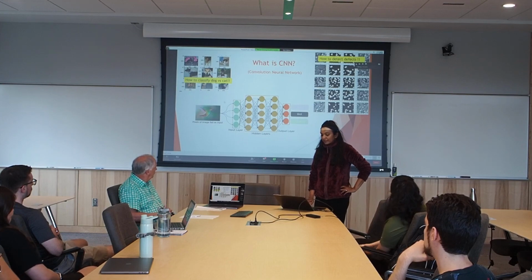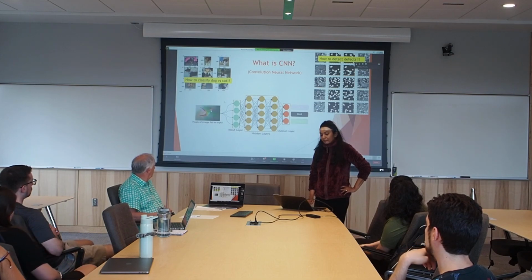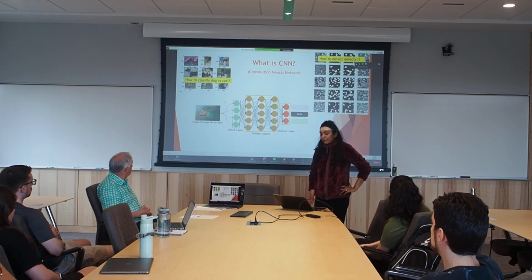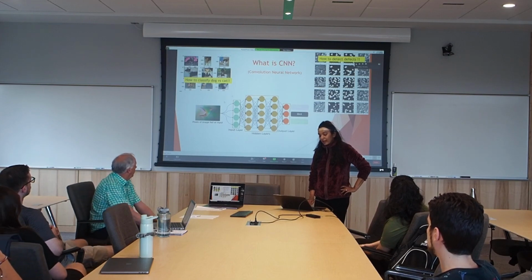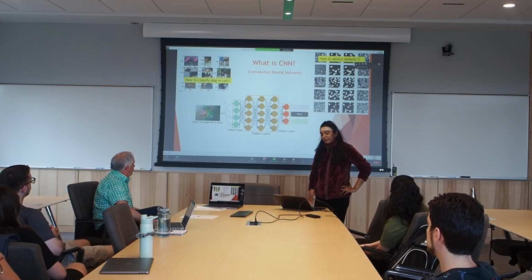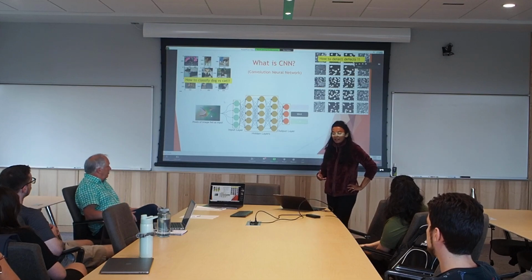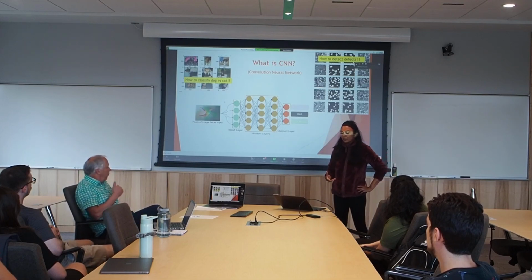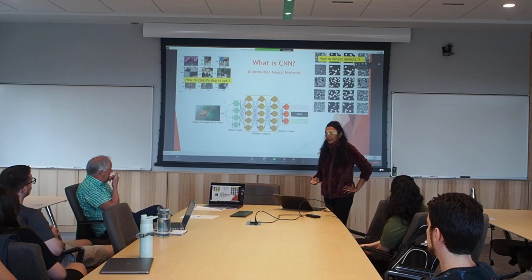Here I have provided an example with an animal or a bird, and I want my computer to tell me whether it's a bird, a dog, or a cat, and I feed it 100 images. Once my network is able to tell me what it is, my job is done.